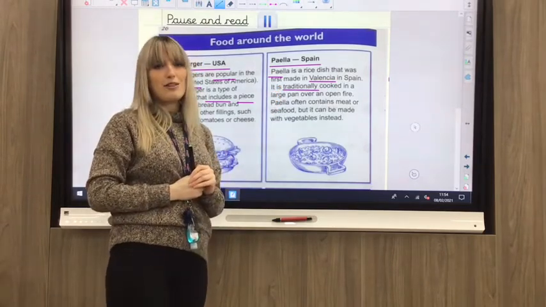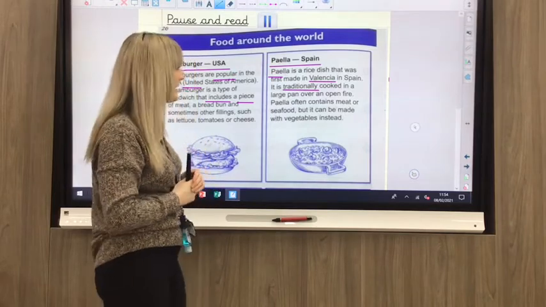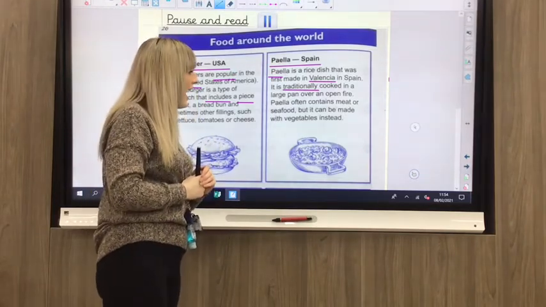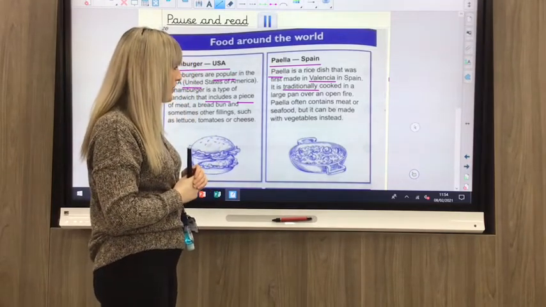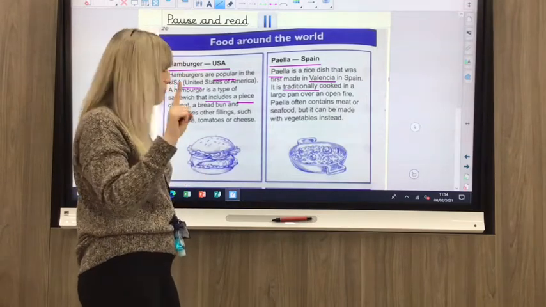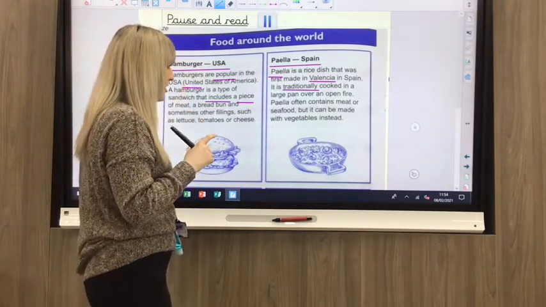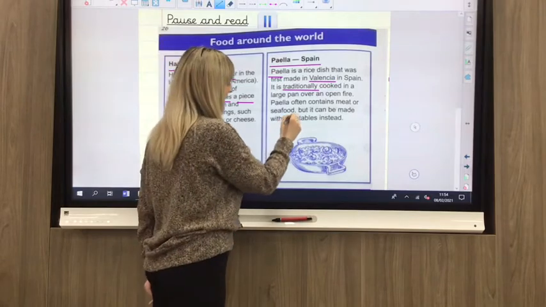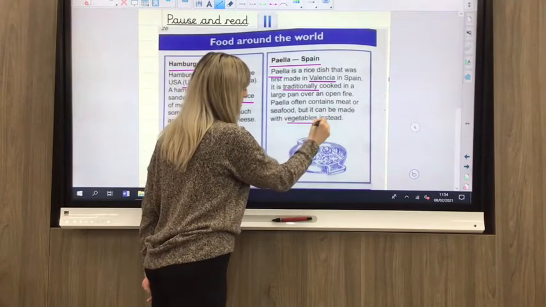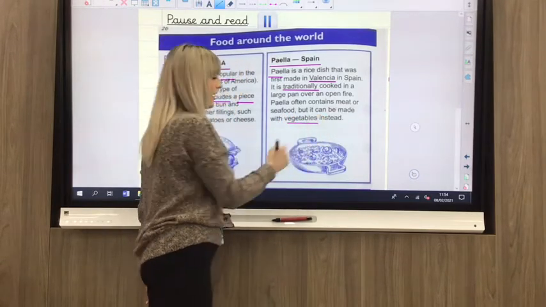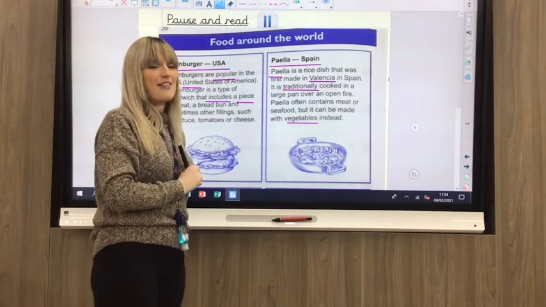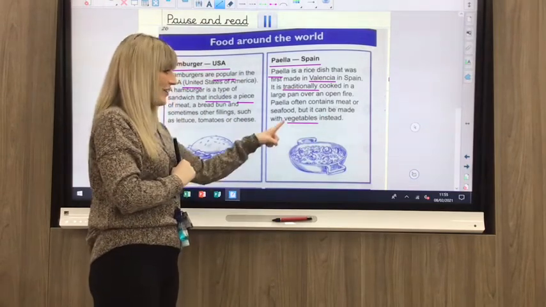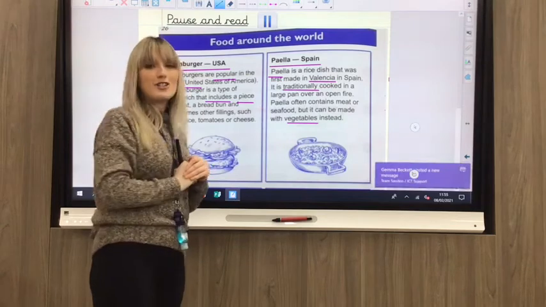Traditionally. Say it with me. Traditionally. Okay, and now I'm only going to choose one more word from this section, and I'm sure you've seen this word lots before. Okay, say it out loud for me. Well done if you said vegetables.